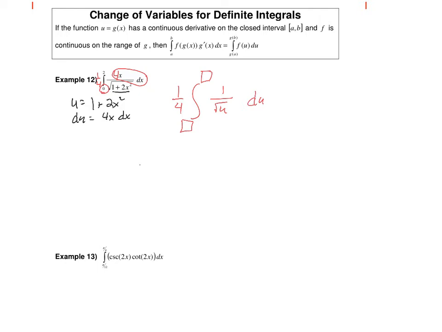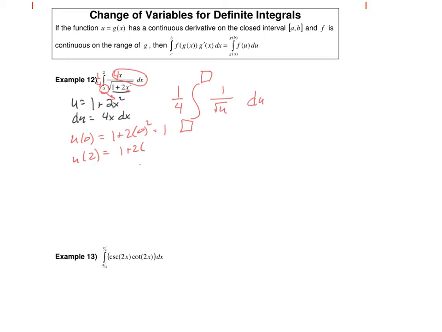So the 0 is represented in the variable x. So if I want to change that over to u, I need to evaluate my u function with a 0 in for x. I need to evaluate my u function for the upper limit of 2 for the same reasoning. It'd be like, again, the inches and feet example.